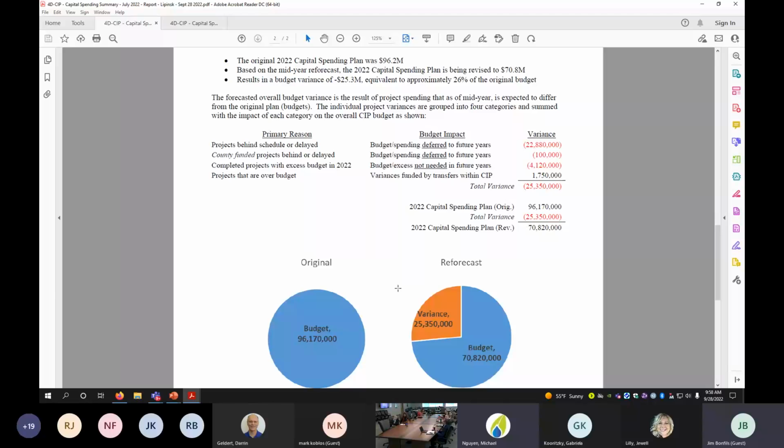And the new reforecast was that we would spend about 71 million at the end of the year of the original ask of 96. And we have the variances listed here, and I'll just run through them real quick. So the first two are kind of the same, so I'll start with the first line.